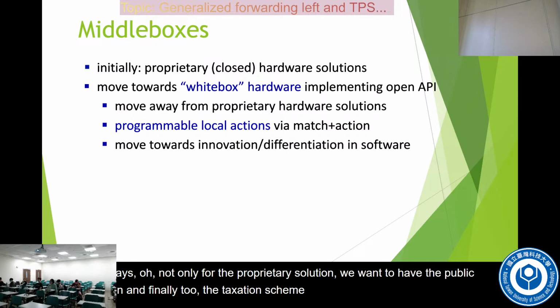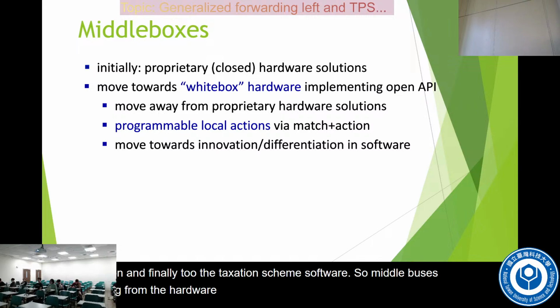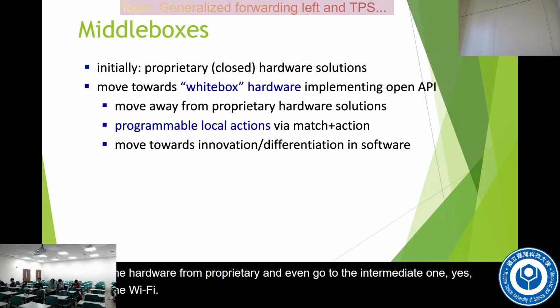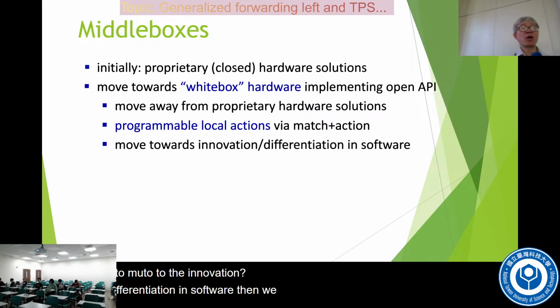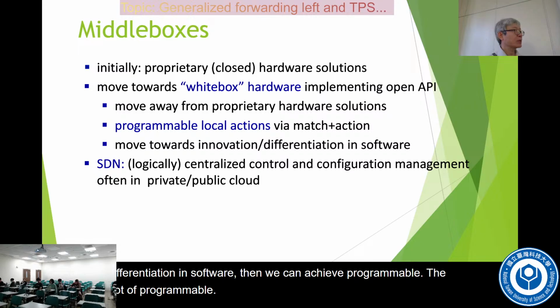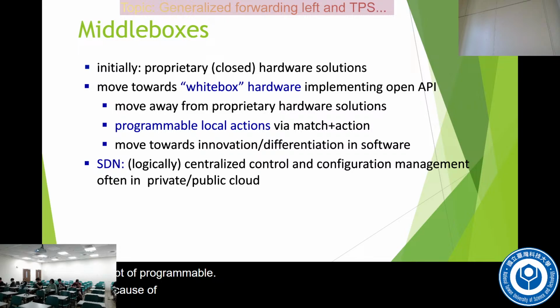So middle boxes start from hardware, from proprietary, and even go to the intermediate one, still the white box hardware. But finally, we want to move towards innovation and differentiation in software. Then we can achieve the concept of programmable. Well, because of those concepts, we can use the concept of middle boxes and work with SDN. All right.